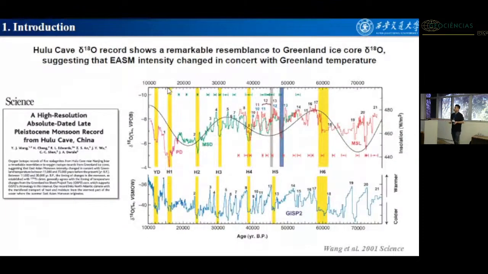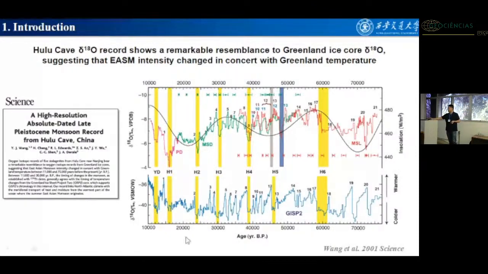Hulu Cave delta-18O records the first time show very good correlation with Greenland on millennial time scale, for example, the Heinrich event. So it's suggesting that the East Asian summer monsoon can be influenced by the climate in the high latitude.